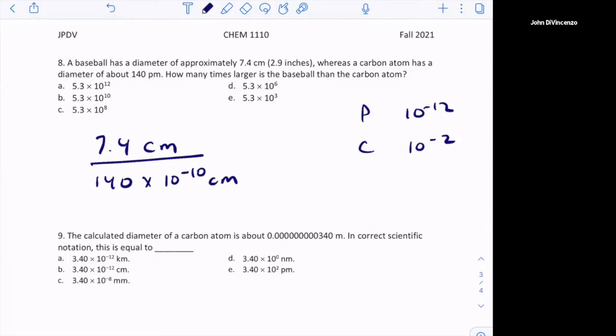That'll work, or you could have done it with the numerator changed, right? Either way. And you would have had 7.4 times 10 to the 10 picometers over 140 picometers. So you're going to get the same answer. Whichever one you feel more comfortable with. But realize pico's 10 to the minus 12, centi is 10 to the minus 2. So therefore, a difference of a factor of 10 to the 10.